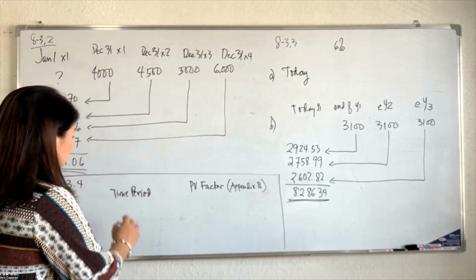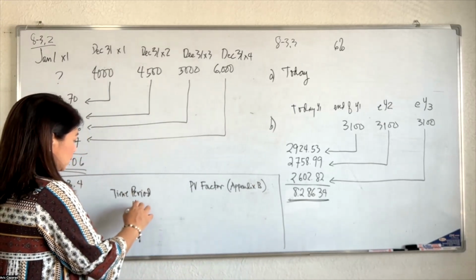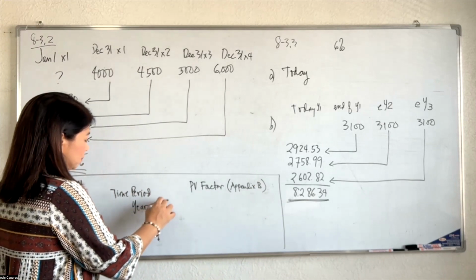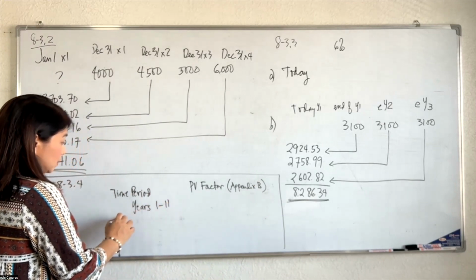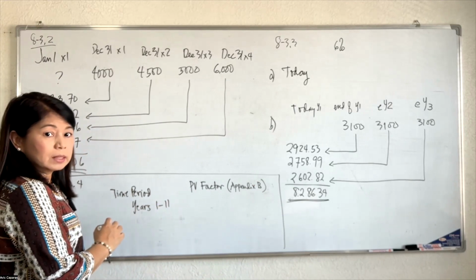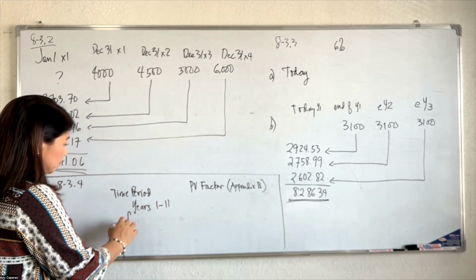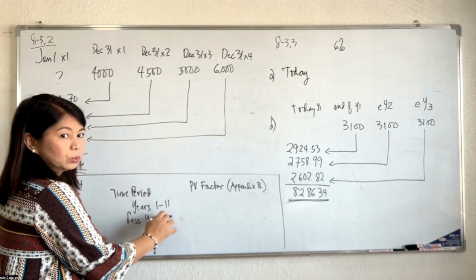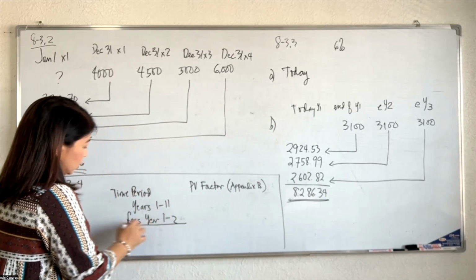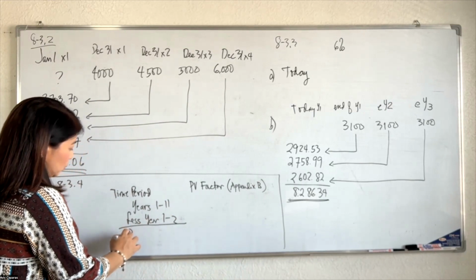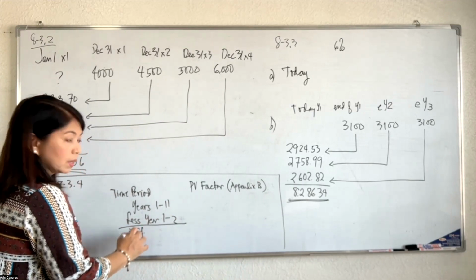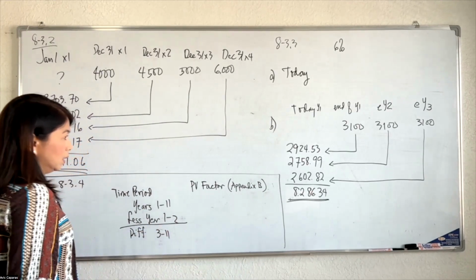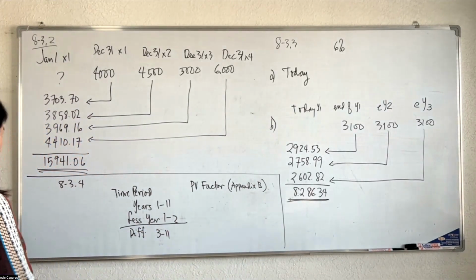And we're supposed to get years. What is the present value factor? Years 1 to 11 less years 1 to 2, so that we get the difference, which is 3 to 11.